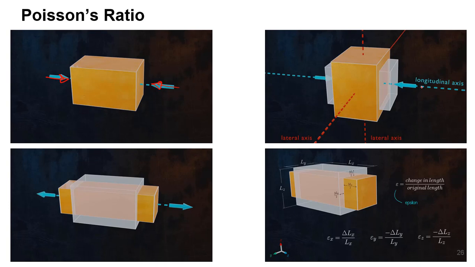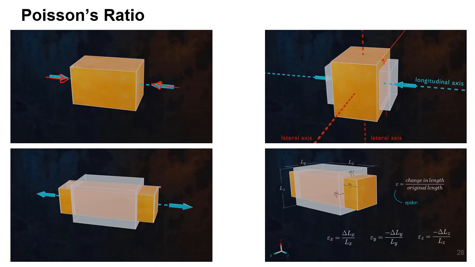When you apply a compressive load along the longitudinal axis, the material compresses in that direction, right? On the other hand, in the other two lateral directions the material elongates.